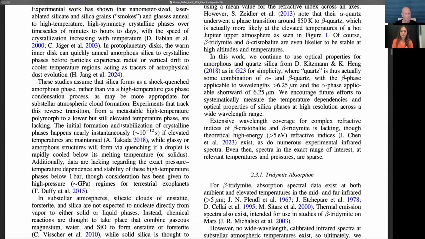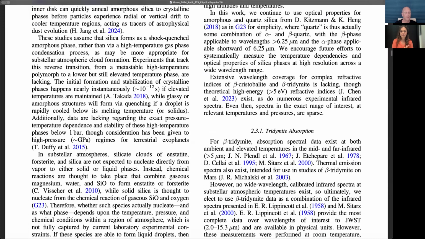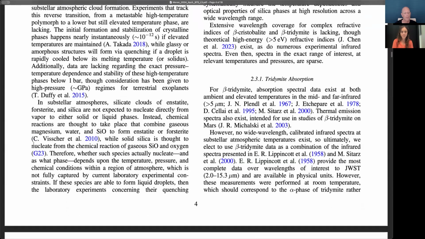And so as we scroll down, a lot of this has been done for the magnesium silicates because that is what we have expected previously, but we don't actually have that much laboratory data for SiO2 in particular. And we don't actually expect it to just form directly from the gas phase.